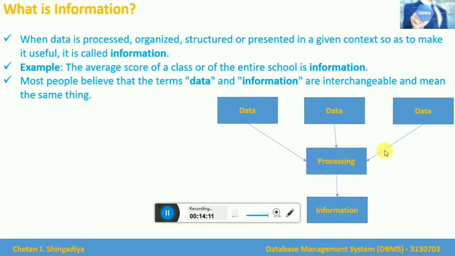After that they go through processing, and after processing they become information. So first it is a raw material, then the raw material is processed, and after processing it becomes information. This is how we can categorize data and information.